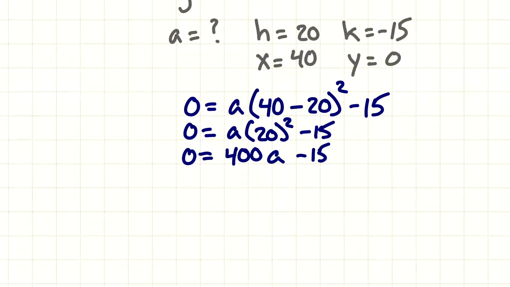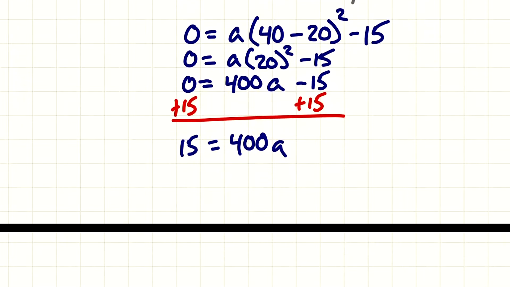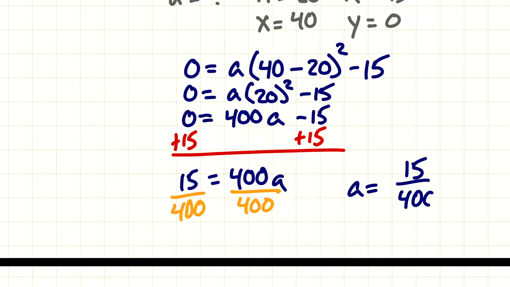If I add 15 to both sides, this leaves us with 15 is equal to 400a, which means if I divide both sides by 400, I'm left with a equals 15 over 400.